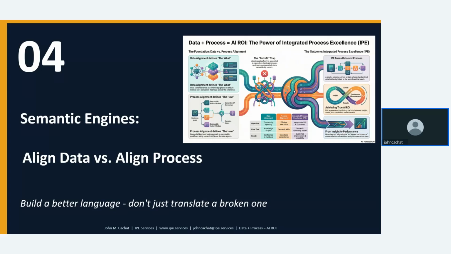Let's talk about semantic engines and building a better language. The heart of all the problems I've talked about is the lack of context, because raw data is rarely meaningful on its own. What AI needs is structured, contextualized, consistent data, of course, and information that reflects real business logic, processes, and terms, even the terminology.